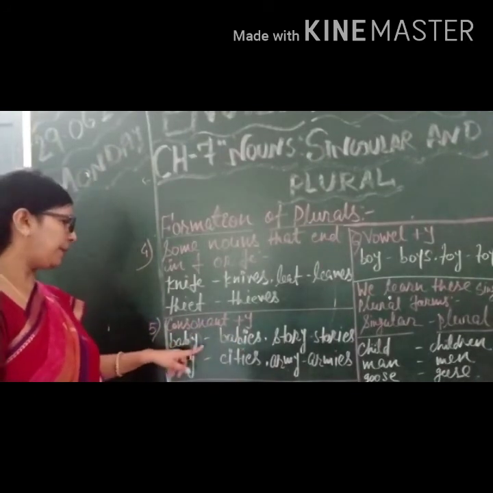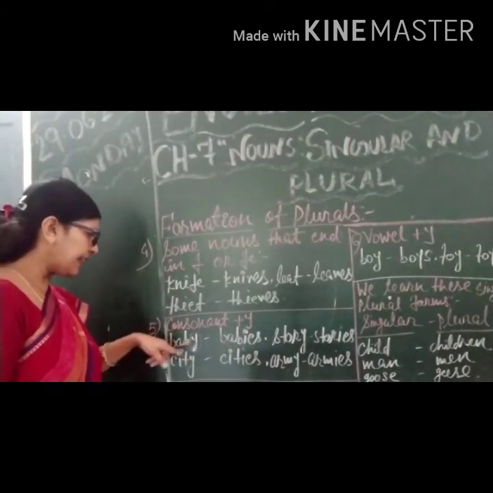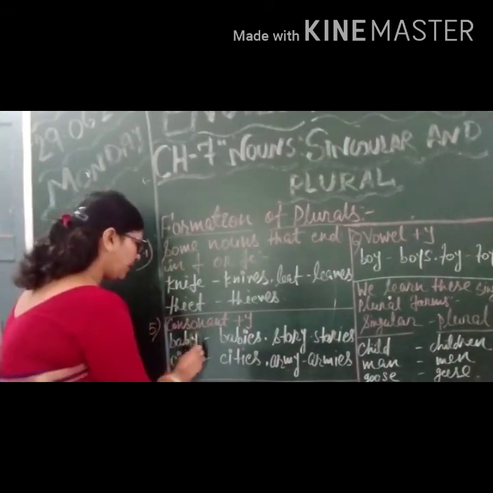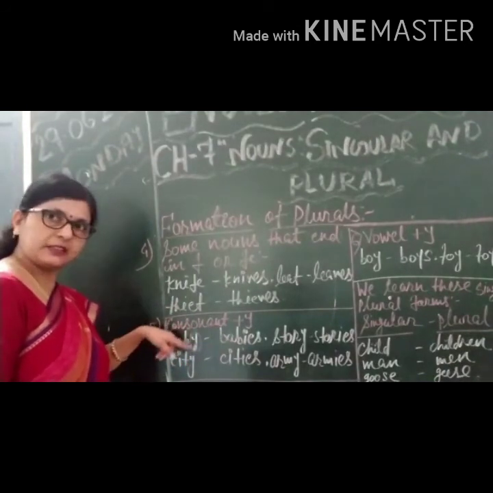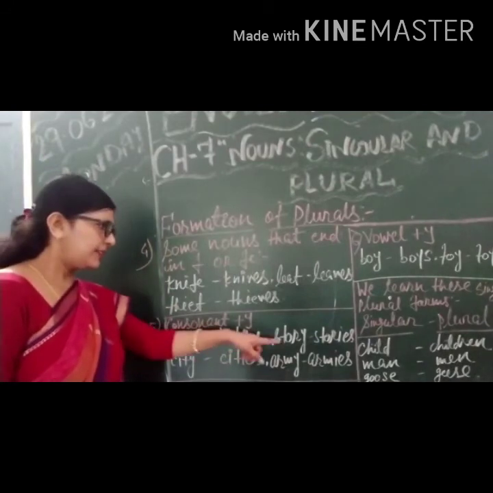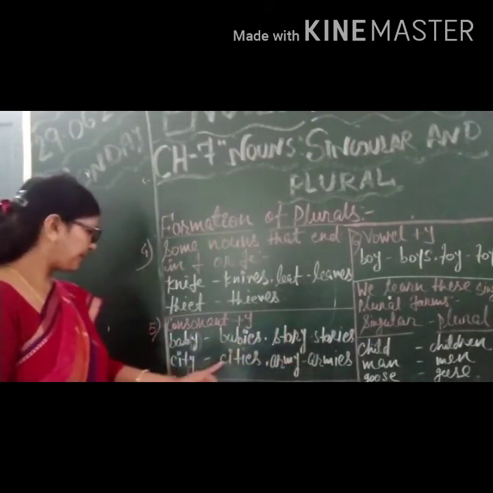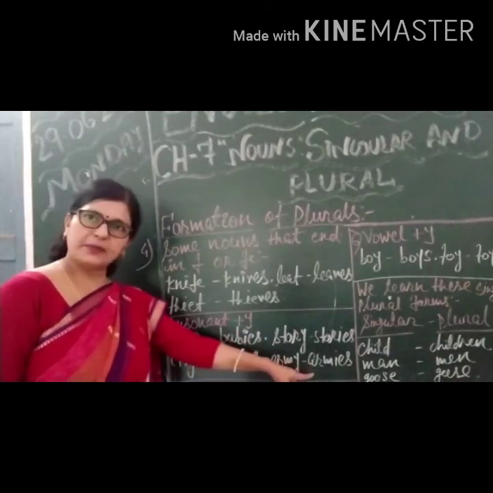For example, baby, babies. You can see here that I have circled this Y. This letter should be removed and IES added. Story, stories. City, cities. Army, armies.